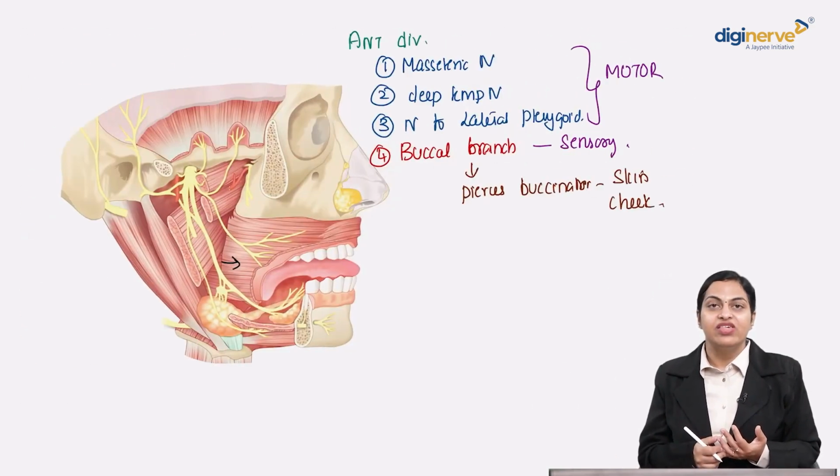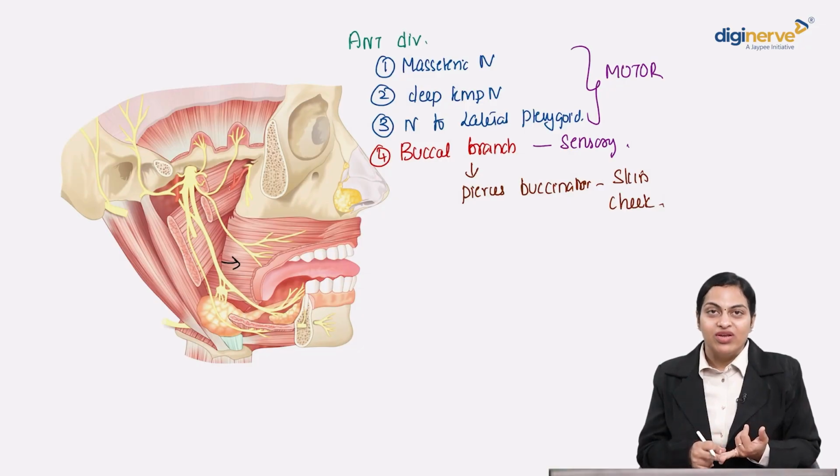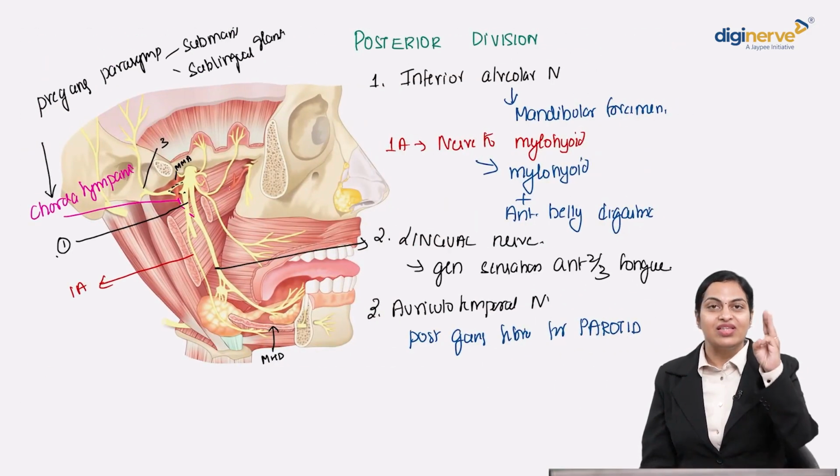From the anterior division, the branches to the muscles of mastication other than medial pterygoid, nerve to lateral pterygoid, the deep temporal nerve supplying the temporalis muscle and masseteric nerve, plus 1 sensory branch, the buccal branch. And from the posterior division, 3 nerves, the lingual nerve, inferior alveolar nerve and the auriculotemporal nerve.